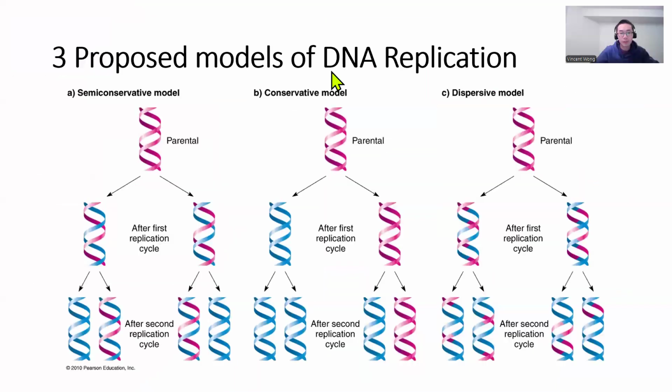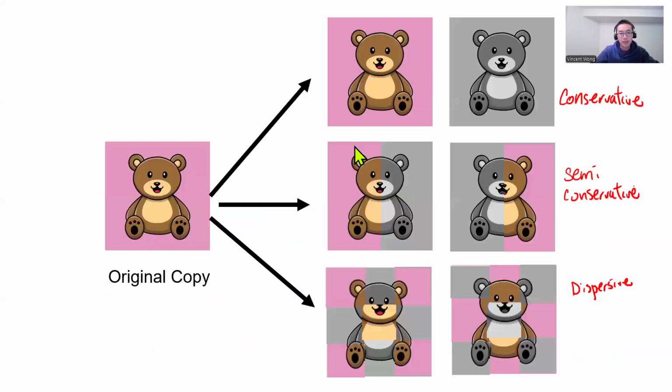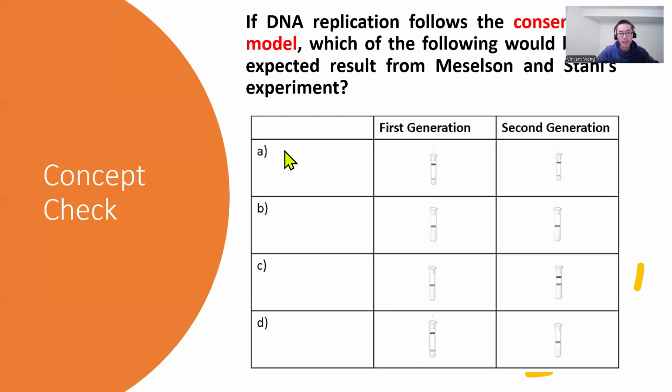The question is asking for a conservative model. So after one generation, you would see a top band and a bottom band. And then over here, you're also going to see a top band and a bottom band, right? And so the answer here would be A. Okay. A.